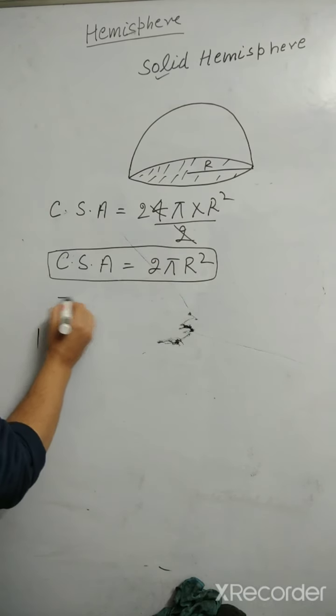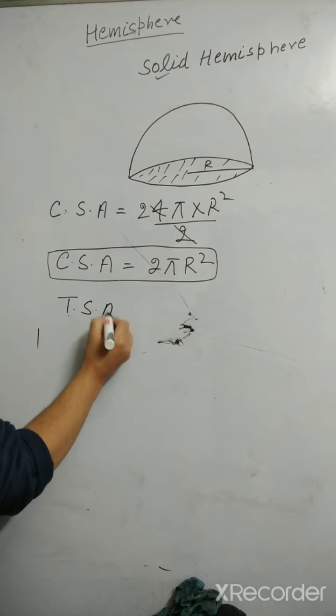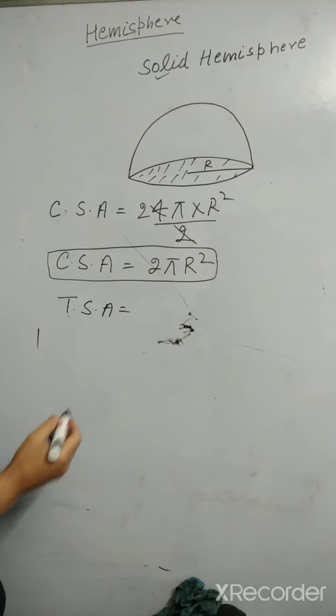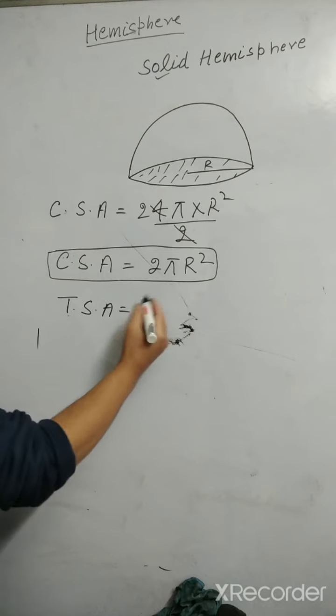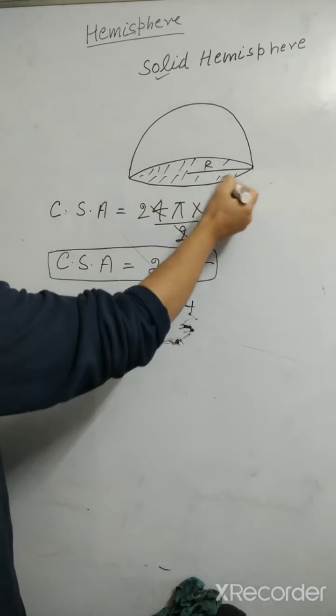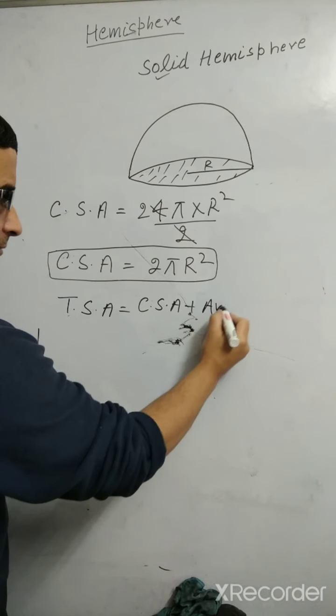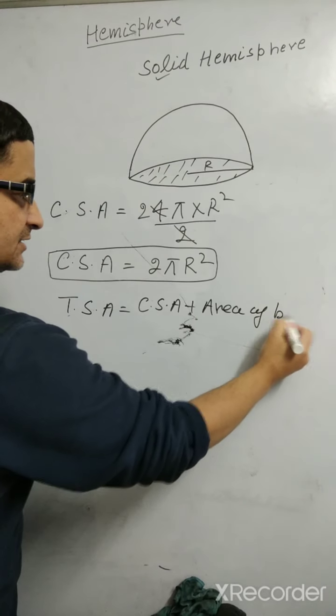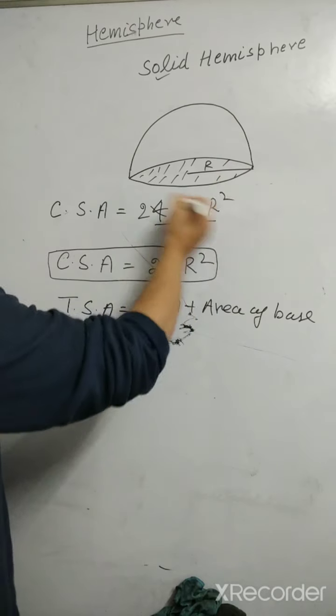And if you are asked to find its total surface area, right? So total surface area means curved surface area plus area of base, and base is a circle.